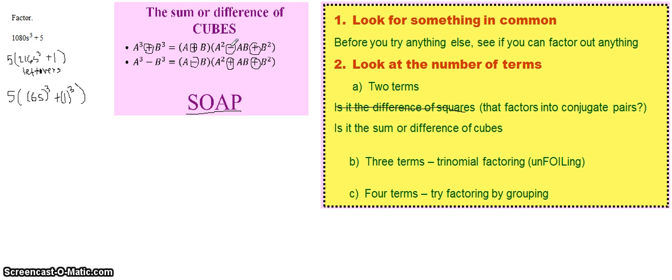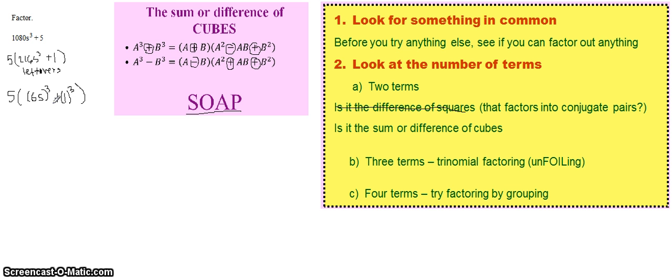Our second sign is going to be the opposite, the O stands for opposite, so it would be a minus. And the last sign, AP, is always positive. Beyond that, it's your job to memorize the formula: the A, the B, the A squared, the AB, and the B squared. This little SOAP acronym will help you get the signs in place.